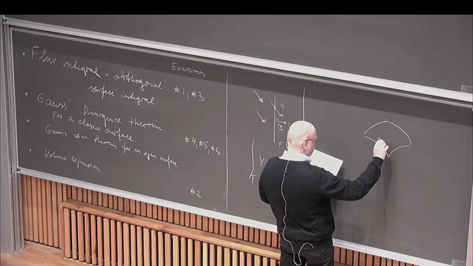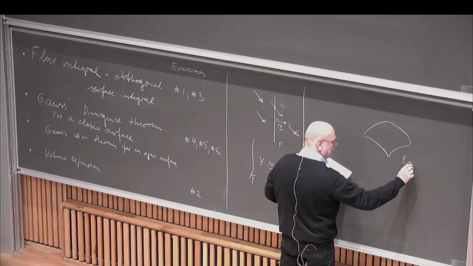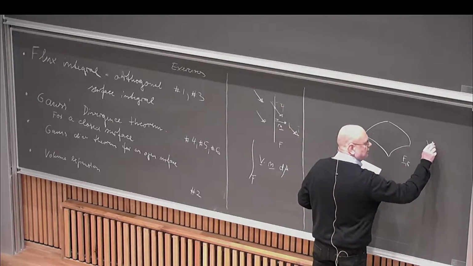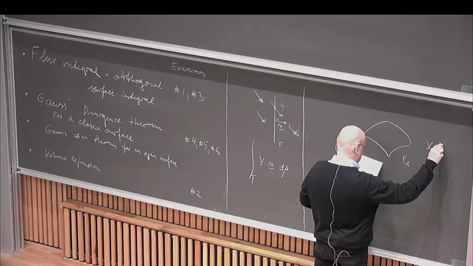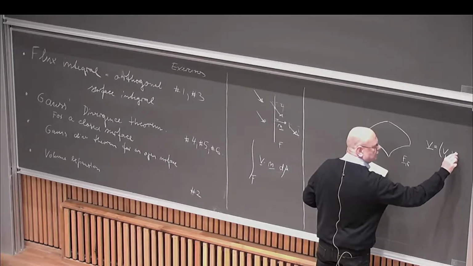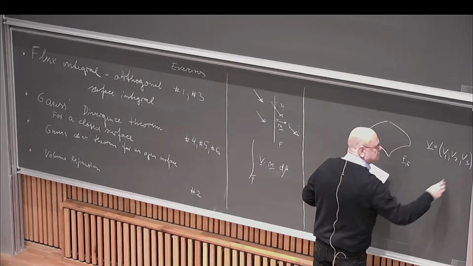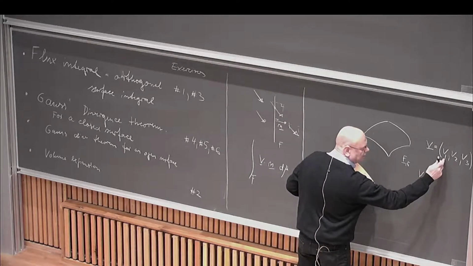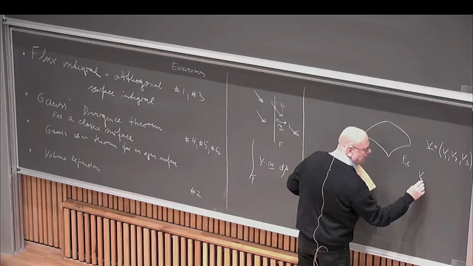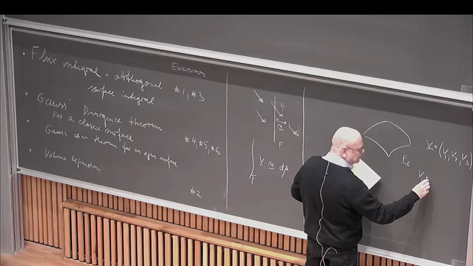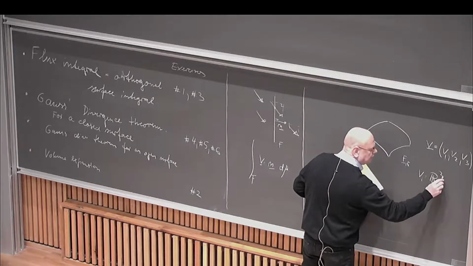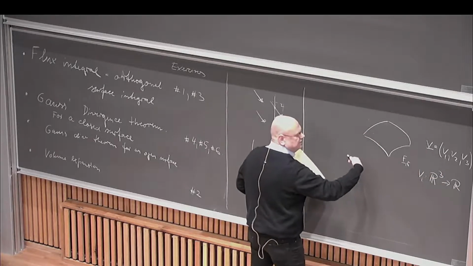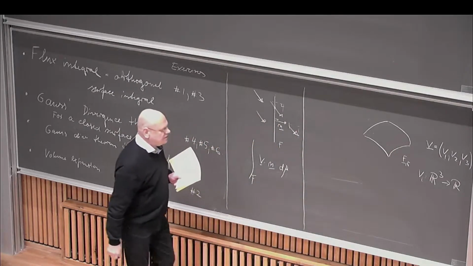And I call this F. And you have a vector field, given with the 3 coordinate functions. And each of these components or coordinates, they are given as functions from R3. That is, this vector field is defined everywhere in space.